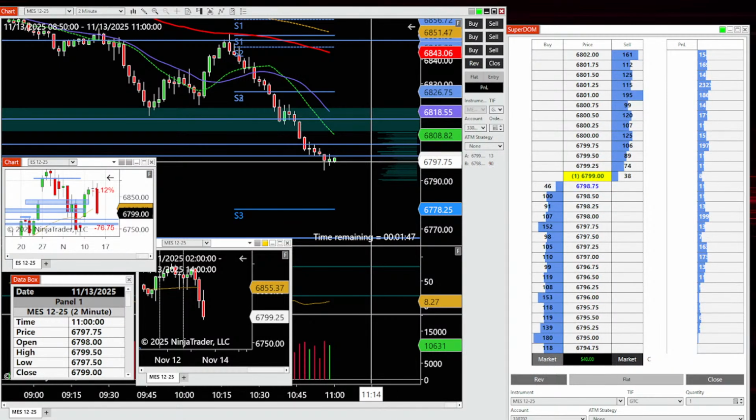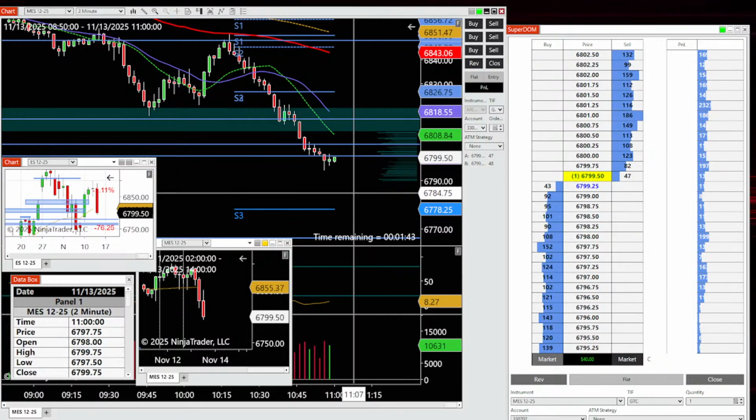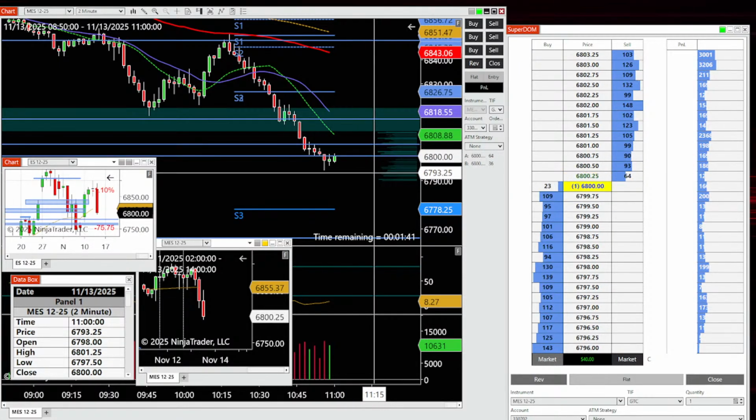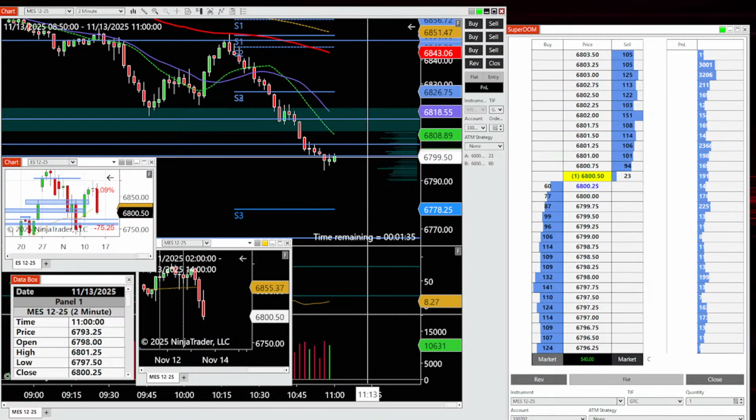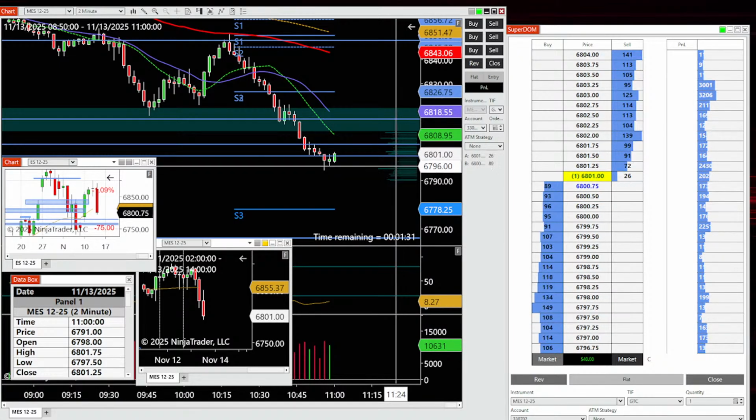Higher lows. I moved that line out of the way because it was just getting in the way. Got higher lows at 68. Okay, 6801.